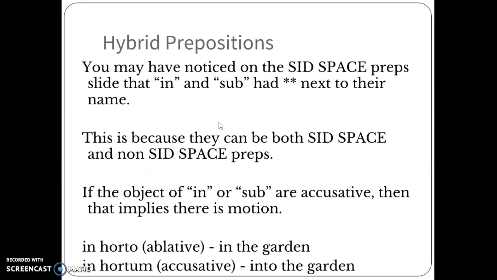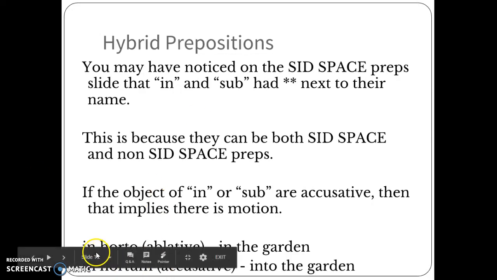Lastly, there are two hybrid prepositions. You may have noticed back in the SID space list, I pointed out that in and sub had two asterisks next to their name. This is because they are both SID space and non-SID space prepositions. If the object of in or sub is in the accusative case, then that implies that there is motion. So, for example, with the word in down here, in the first example, I have in horto.